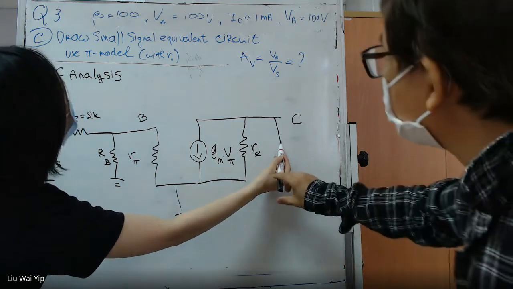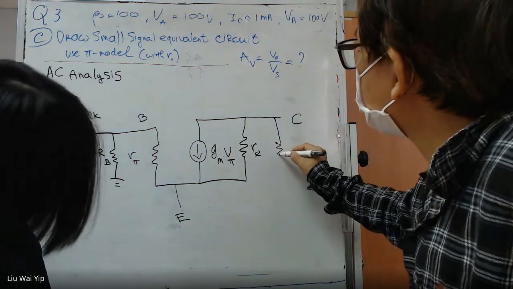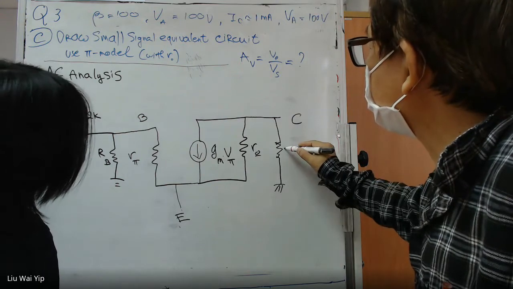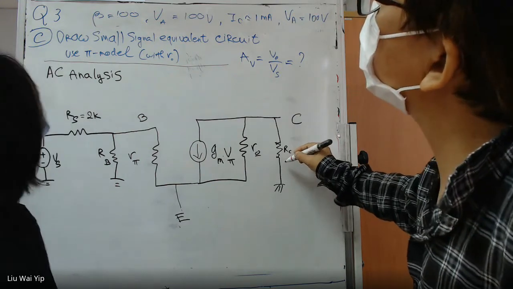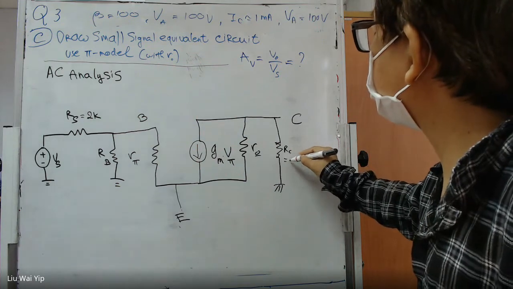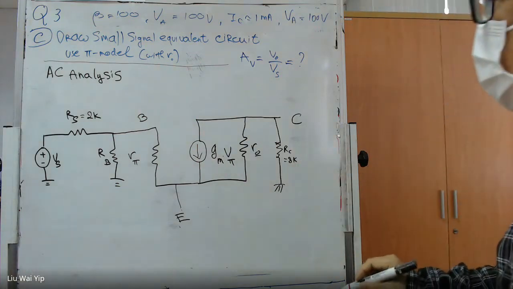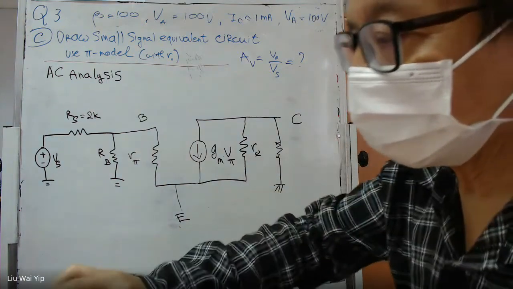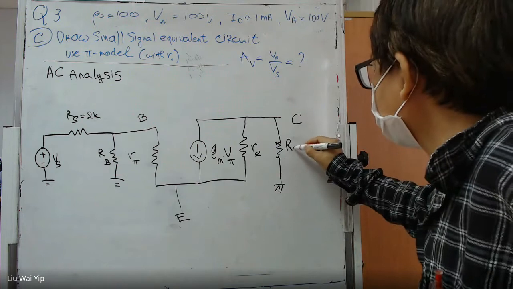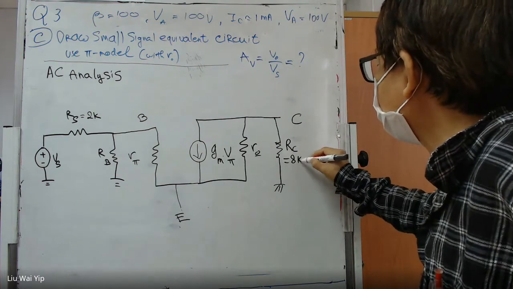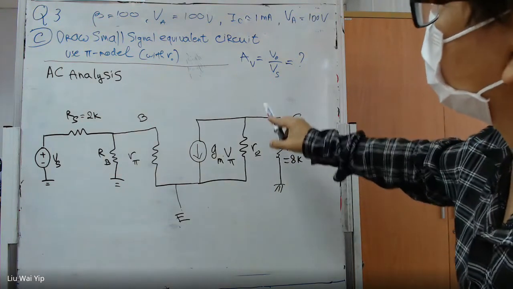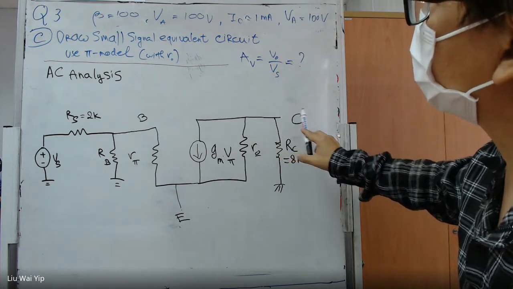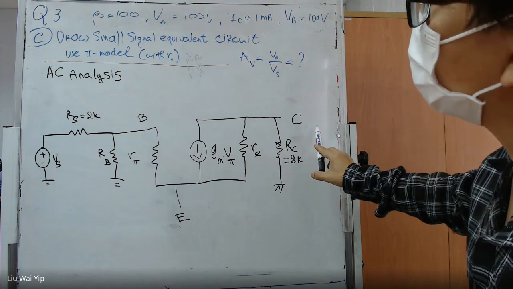RC. RC is AK. And the C terminal is also connected through a capacitor to RL, the load, right?